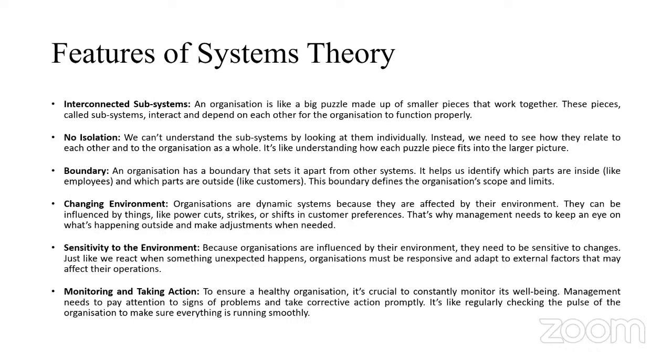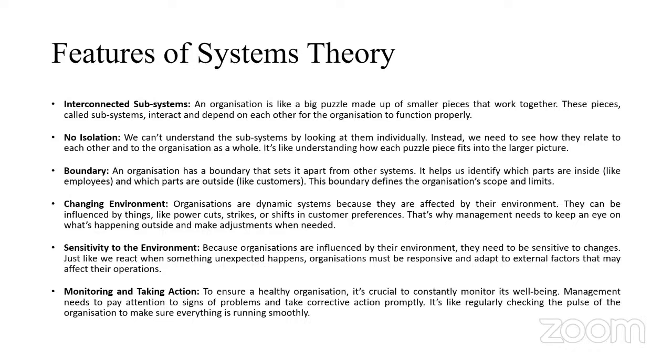And all those parts over which an organization has no control are said to be outside the boundary. For example, employees. An organization has control over its own employees, so we can say that employees lie inside the organization's boundary. And customers. Organizations do not have direct control over their customers, so we can say that customers lie outside the organization's boundary.